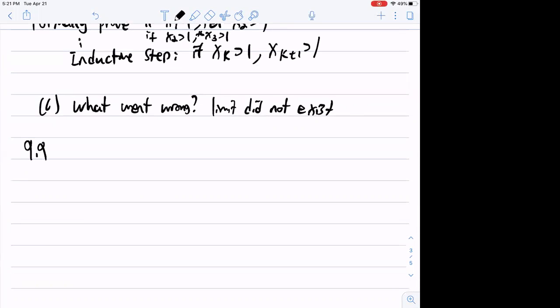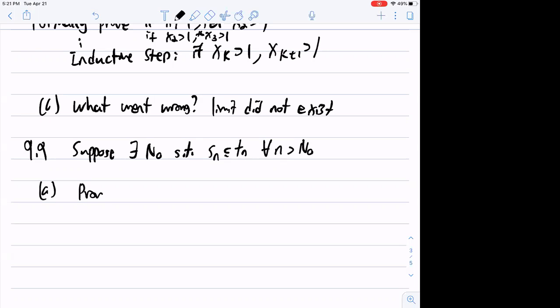So this will be an example of practicing the definition of the limit being infinity. A, prove if the limit as n goes to infinity of Sn is positive infinity, then the limit as n goes to infinity of Tn is positive infinity.